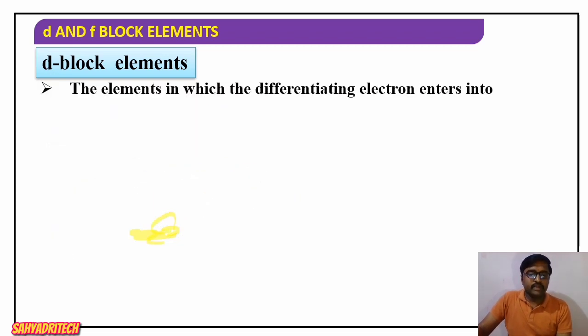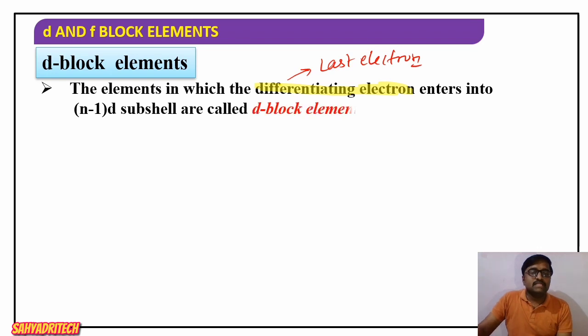One way to define d block elements is: the elements in which the differentiating electron... What is this differentiating electron? The differentiating electron is nothing but the last electron. The last electron is called the differentiating electron. The elements in which the differentiating electron enters into the n minus 1 d subshell.